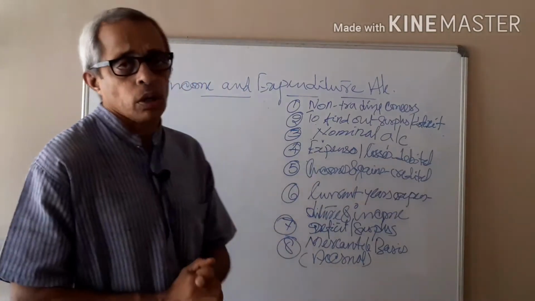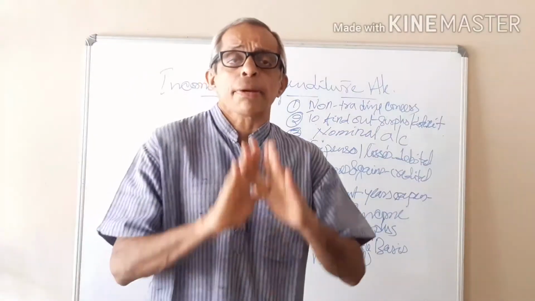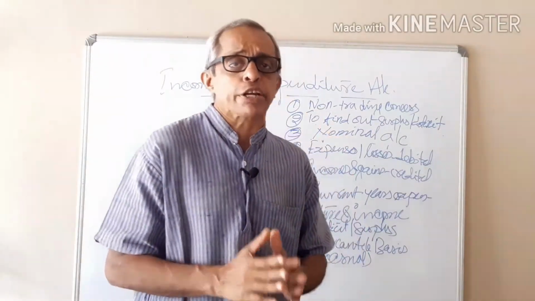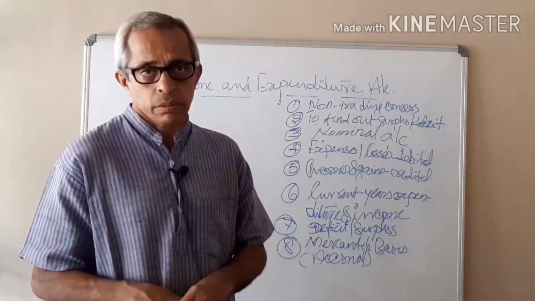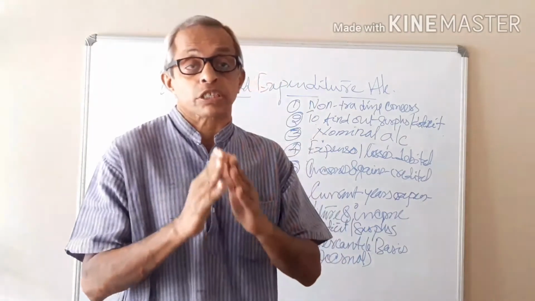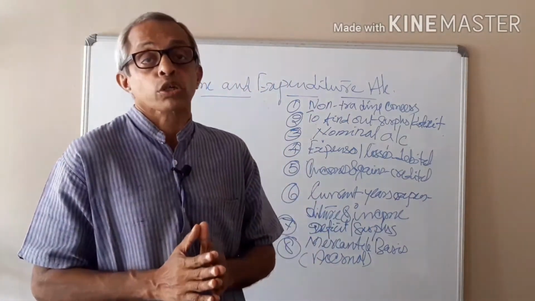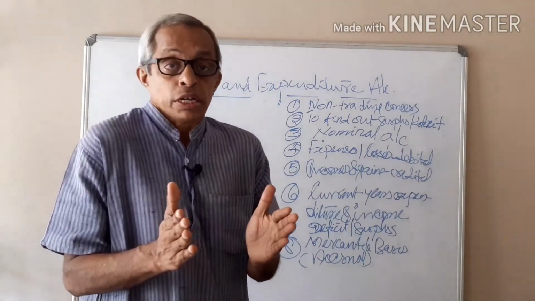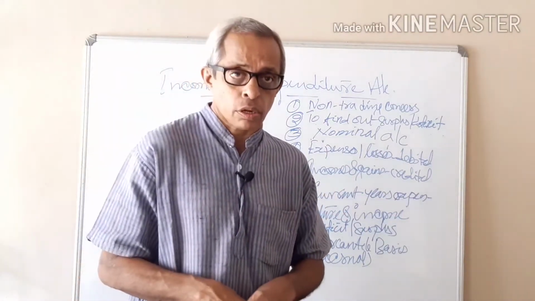So first of all, income and expenditure account is prepared by a non-trading concern in order to find out the net result of service to the society or to the members of such an organization.